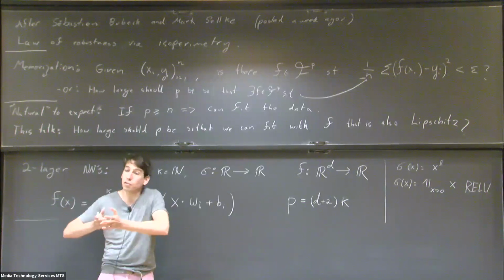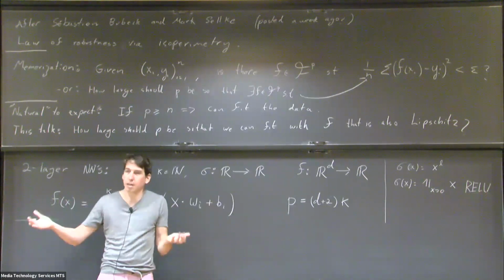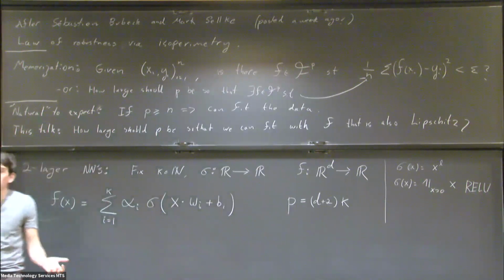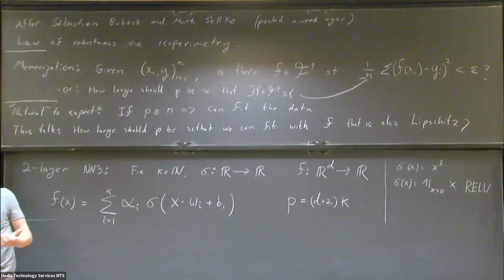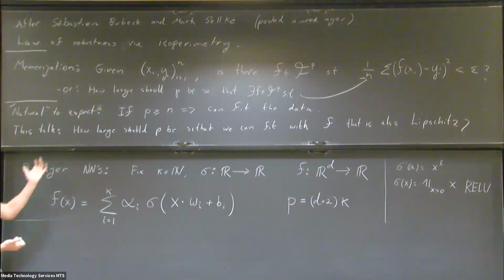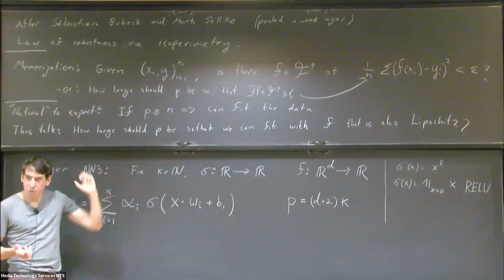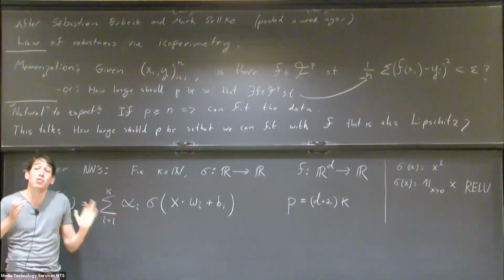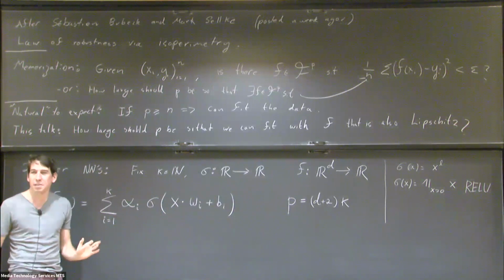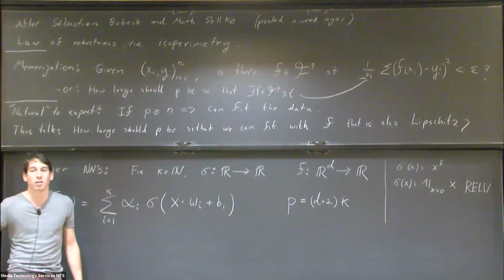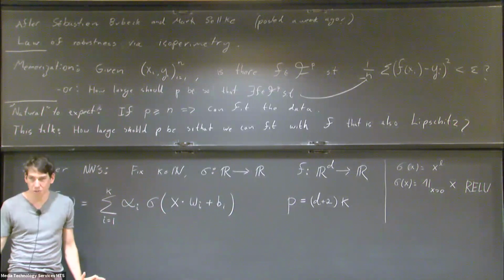Approximating with respect to the whole population distribution is called expressivity of g. But here our goal is much more modest. We don't want to learn the whole function. We just want to fit the data. We just want to memorize the labels of the data we actually got. This is why it's called memorization.